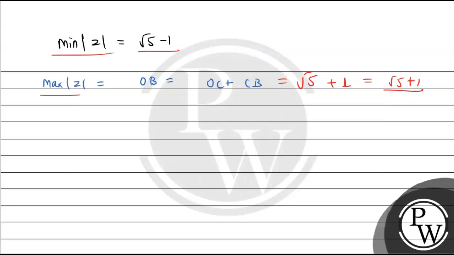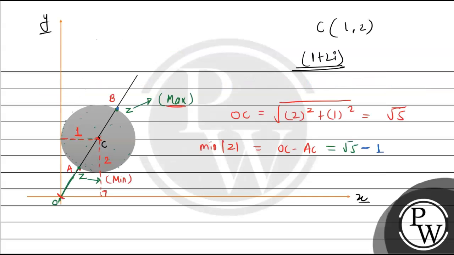Okay, now check the arguments. Argument of Z, minimum and maximum. So here argument is basically the angle, right, from the origin. So before moving, we will just make one more construction here. Let's say this angle is alpha. Okay, and now we know what can be the maximum argument of z.